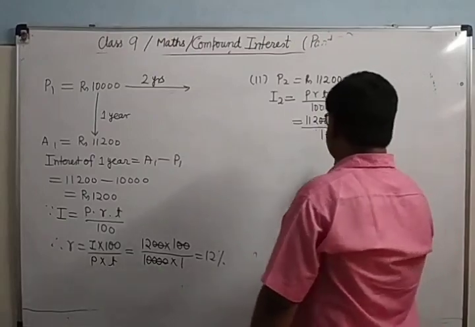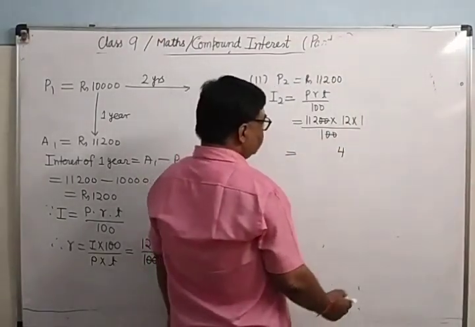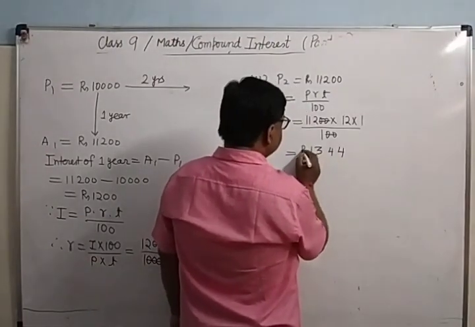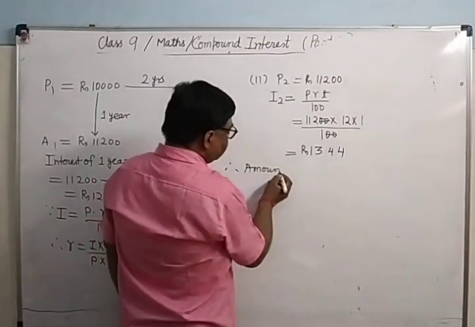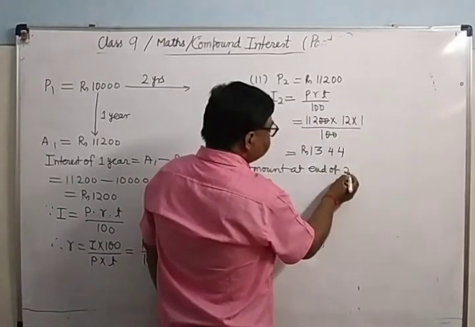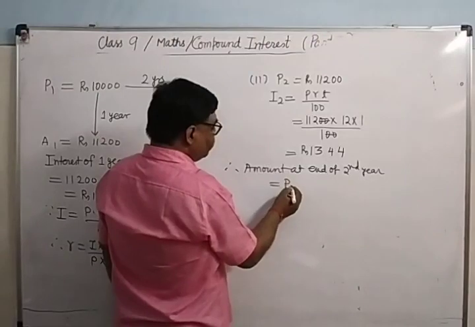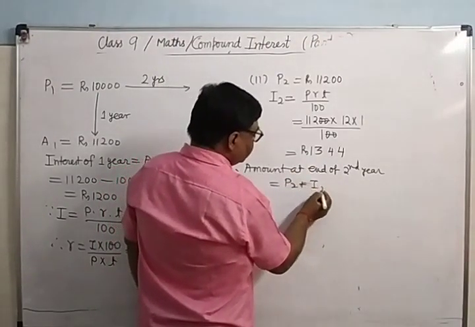So this will be cancelled if you simplify, 2 twelves are 24, and so on. Therefore, the amount at the end of the second year equals P2 plus I2.